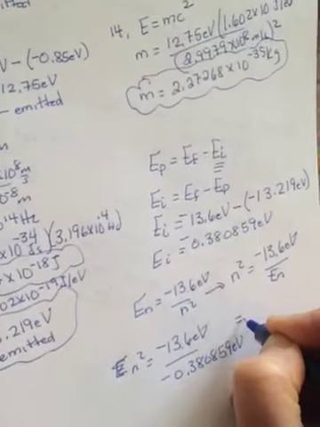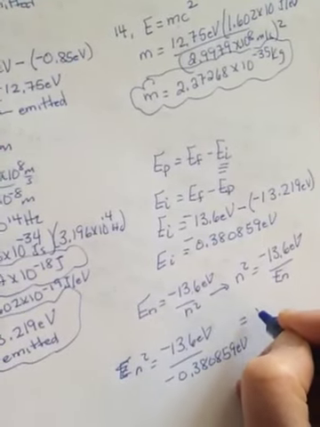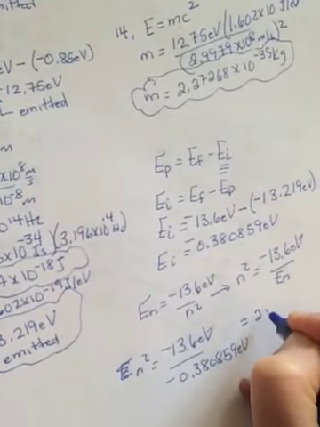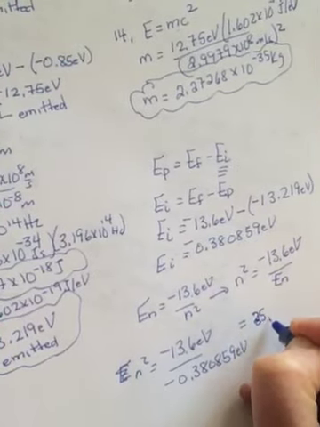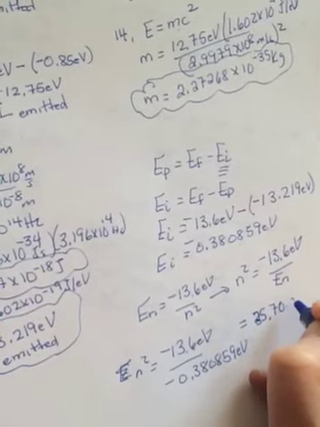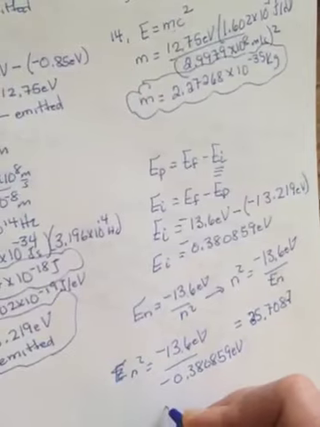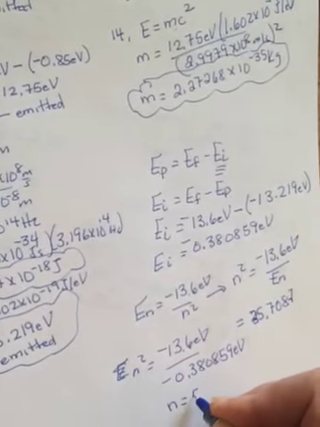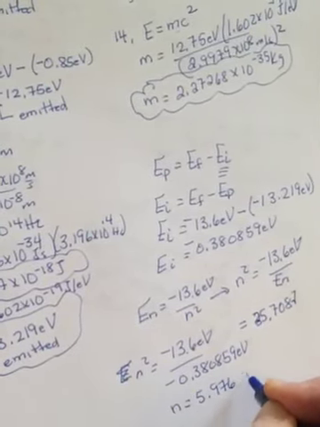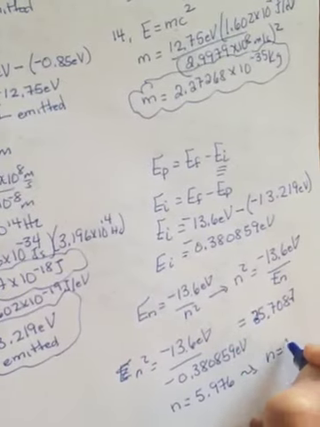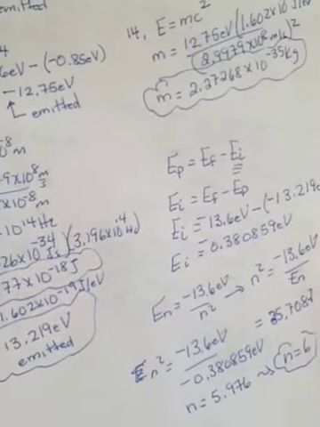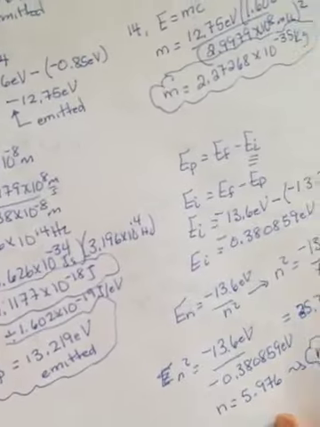And when you do that, you get 35.7087, etc. And then take the square root and you get 5.976. Your book was looking for N equals 6. Okay, so that's number 15.